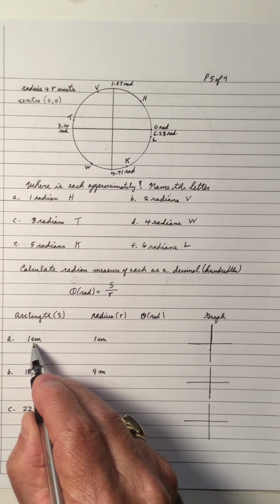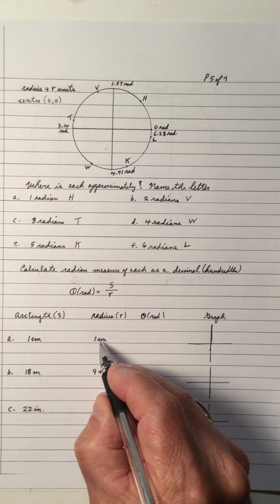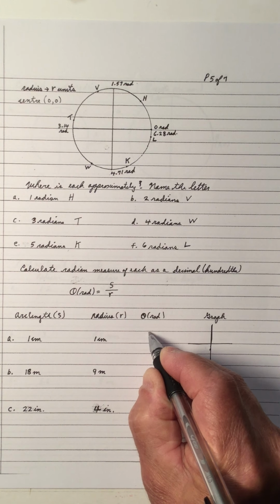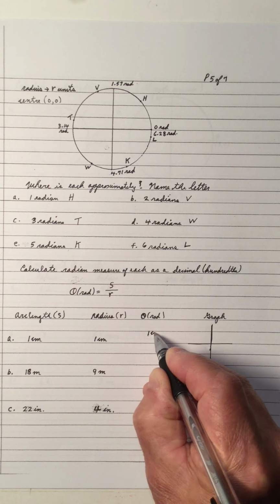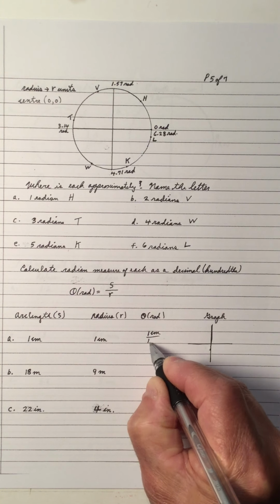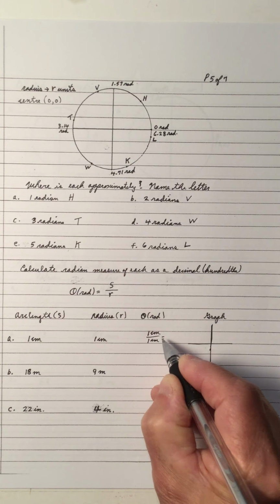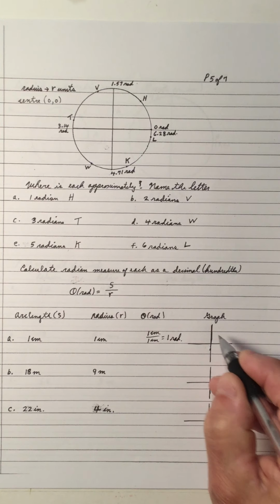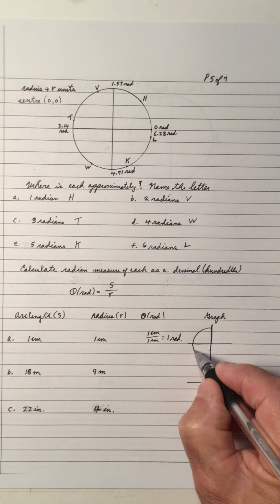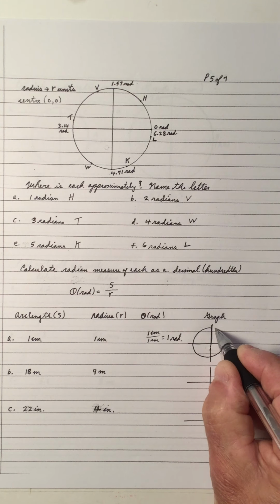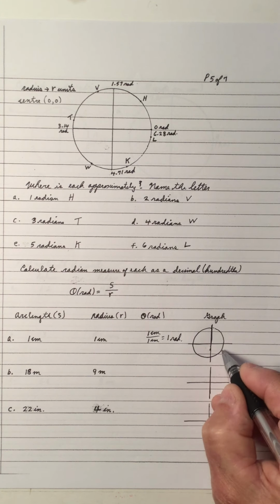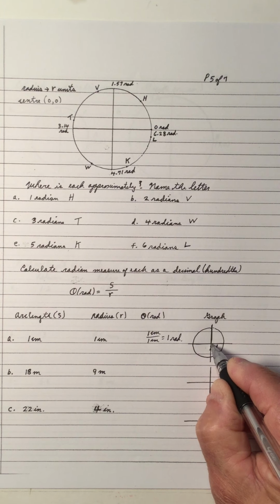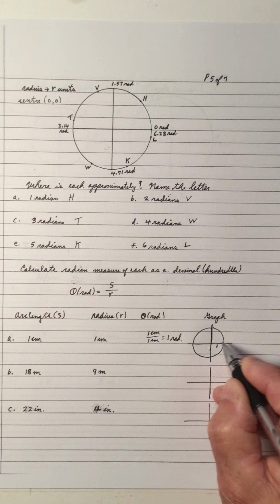So if the arc length is 1 centimeter and the radius is 1 centimeter, then the radian measure is the arc length, which is 1 centimeter, divided by the radius, which is 1 centimeter. And so the radian measure is 1 radian. If you draw a circle with a radius of 1, the center is 0, 0.